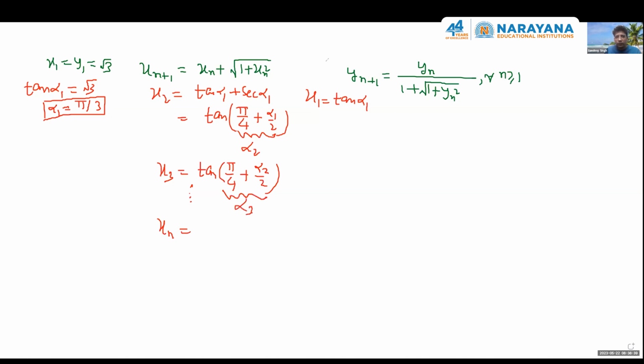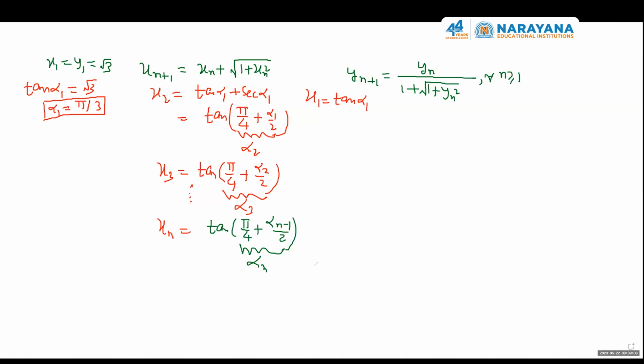Tell me, anybody, what will this be? Xn equal to tan of pi by 4 plus alpha n minus 1 by 2, and this is nothing but angle alpha n. Is that clear to all of you?